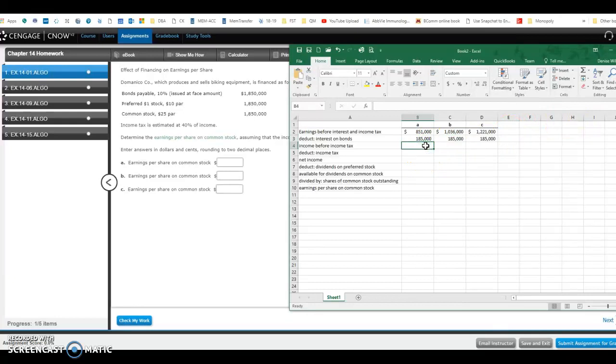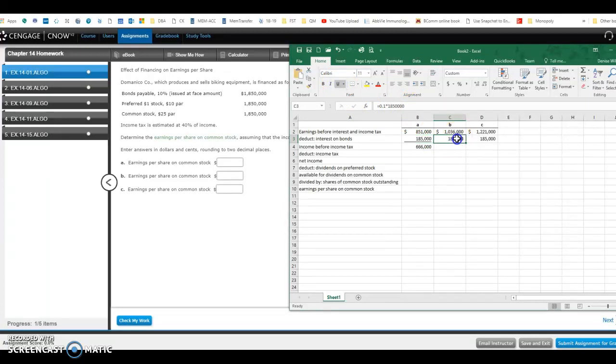Now, income before income tax is just a subtraction. This equals this amount right here minus this amount. To make it neater, let me go ahead and underline these. Okay, I'm going to copy the formula across, so I now have my income before income tax for all 3 scenarios.